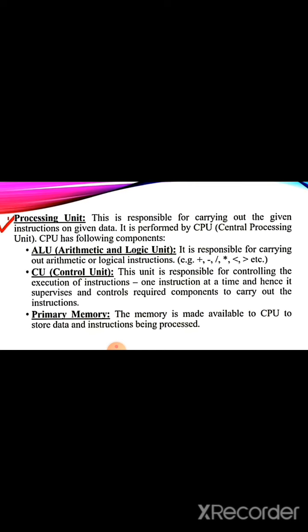The CPU has the following components: ALU, CU, and memory unit. Here is the primary memory.